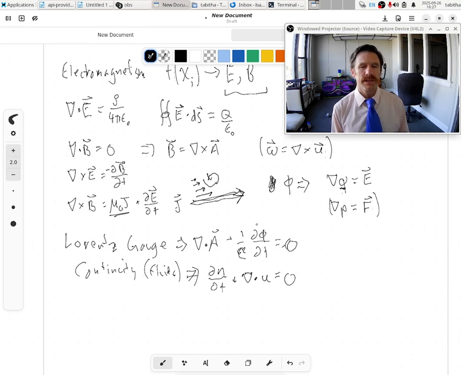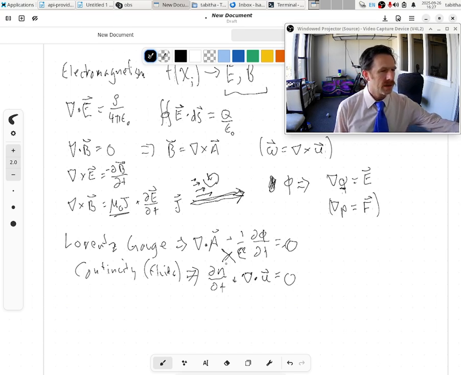And you can see that these two terms mirror each other. And we see again that the magnetic vector potential acts kind of like a fluid velocity, and that the potential is like a density or a pressure, really.